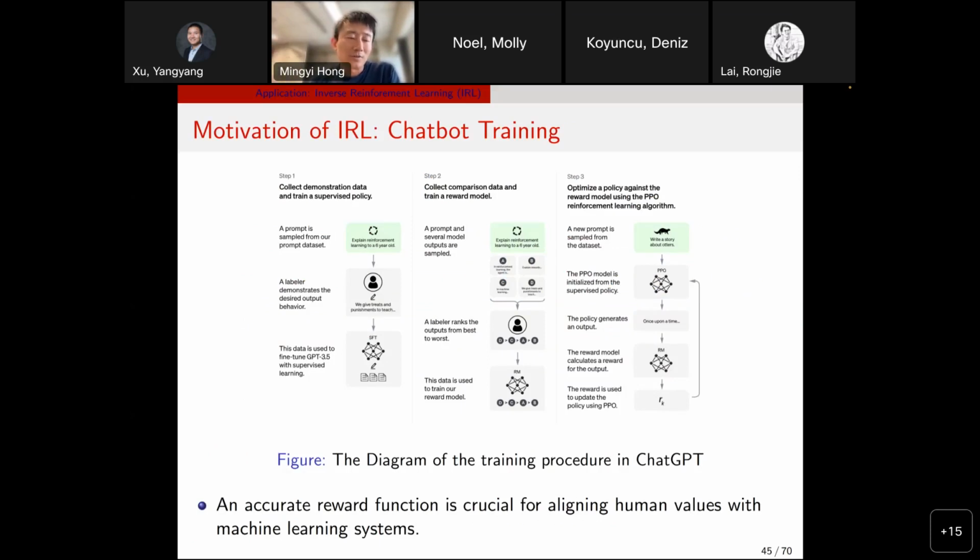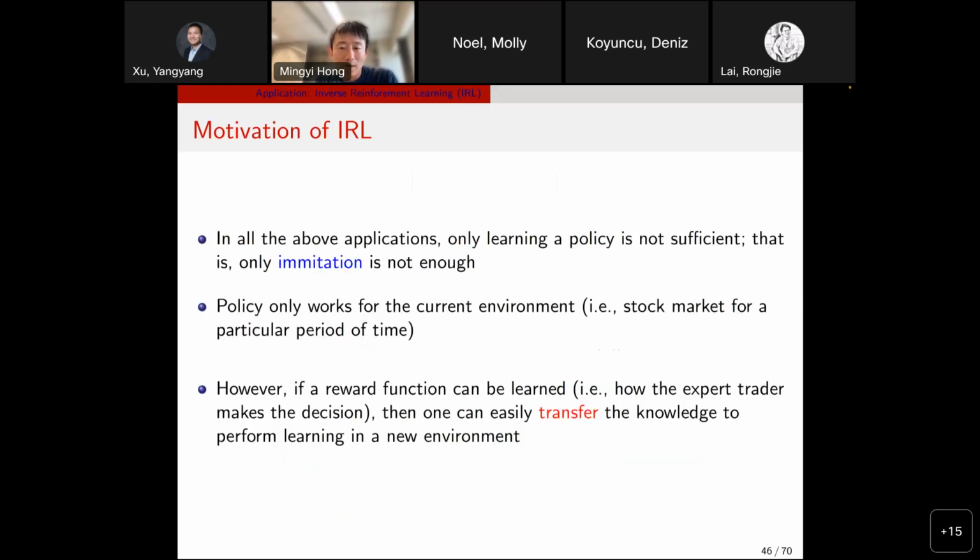How do we incorporate that into training? I'm not going to go into too much detail, but you could imagine that you need to somehow figure out the reward and preference from the human expert. In all the above applications, only learning a policy is not sufficient.